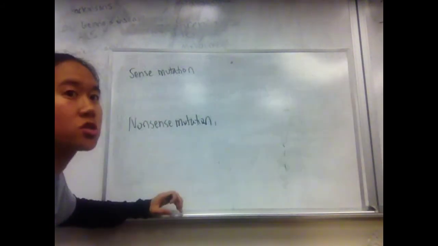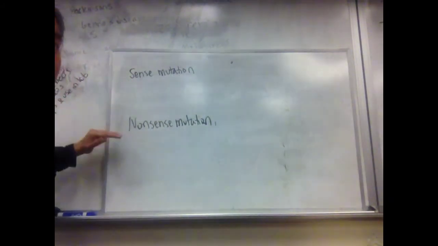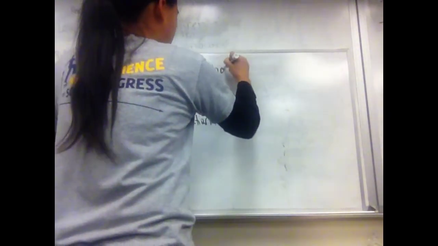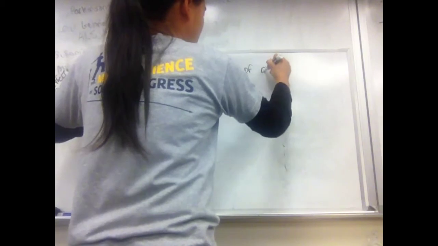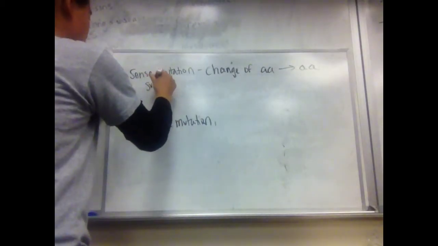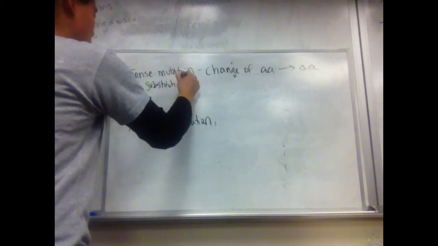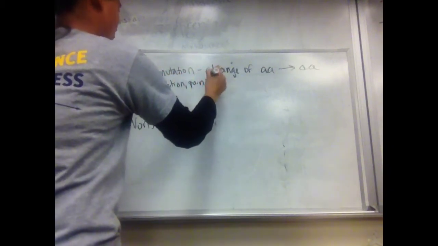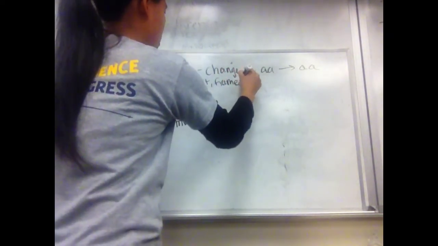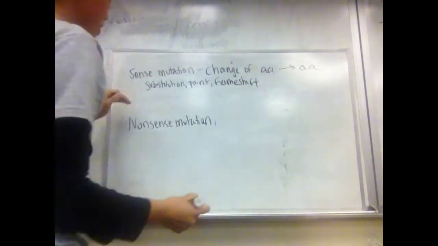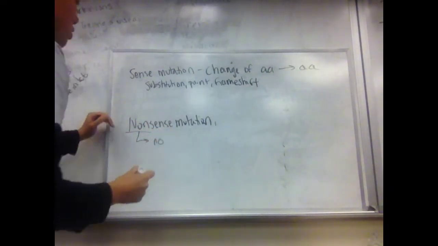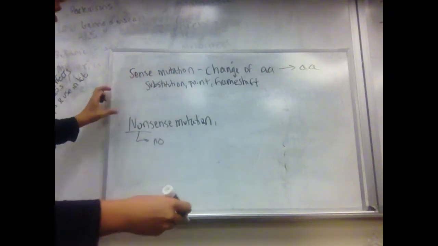We also break down mutations into things that are sense mutations and non-sense mutations. A sense mutation is a change of amino acid to amino acid. So this would be really common in things like a substitution, a point, and even a frame shift. You're changing amino acids. This is in contrast to a non-sense mutation. Non is a prefix meaning no, so it means a no-sense mutation. It doesn't make sense.